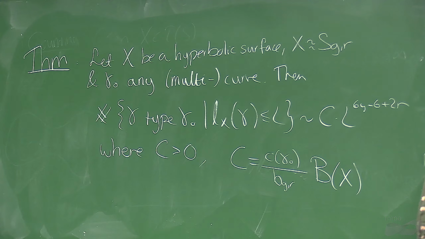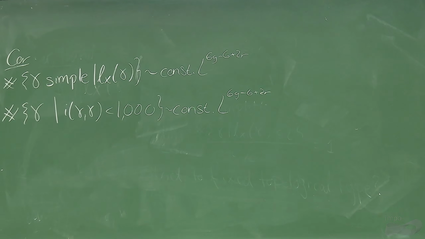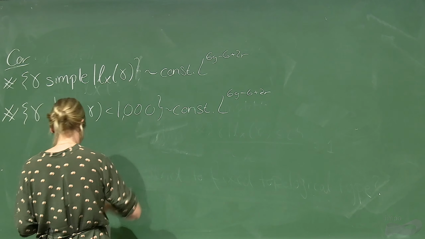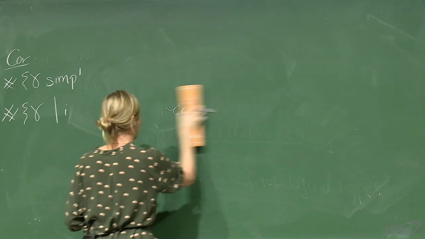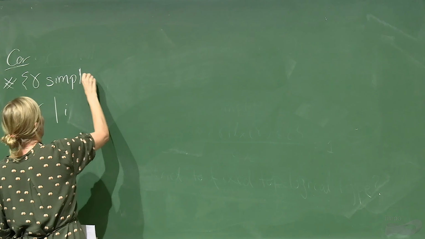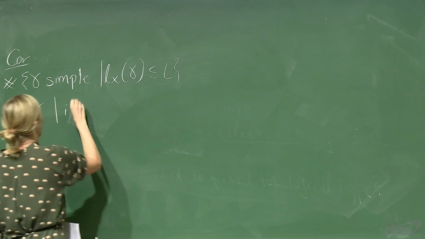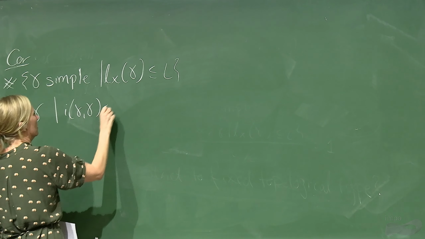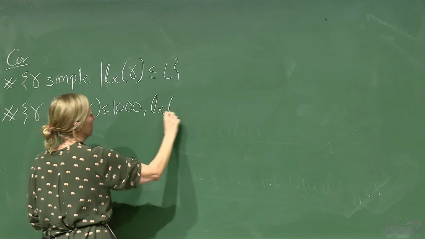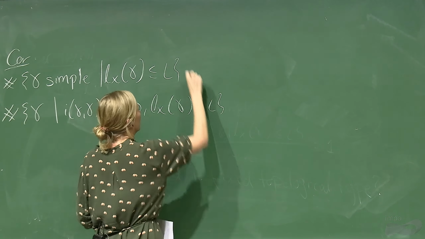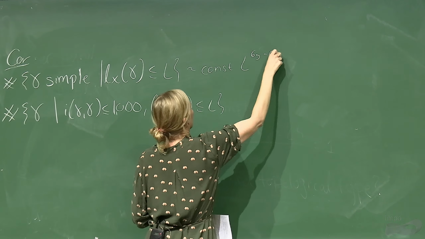Excuse me, in the first line, you found S less than something or not? Sorry, yes. Sorry, I forgot the lengths. Okay, the length has to be there too, otherwise it's infinite, thank you. Yeah, simple, hyperbolic length bounded. And here I wanted to bound the intersection and the length, sorry. And in both cases, different constants, but L to the 60 minus 6 plus 2.